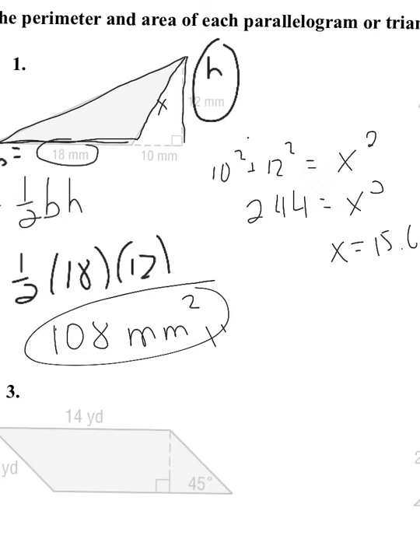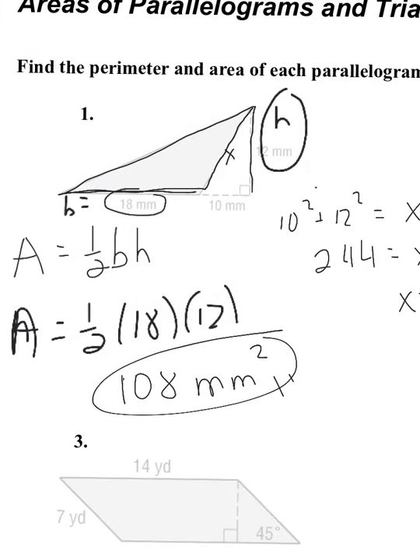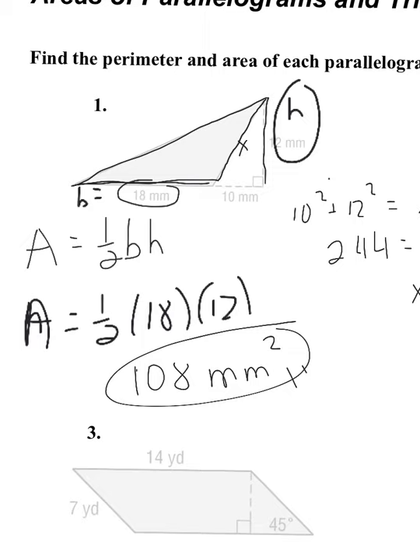Now, how do you get the longest side? So how do you get this side? Think about the big triangle. Let me change the colors. So look at the triangle in red. The big triangle. If you think about this, the base of this big triangle would be 28.